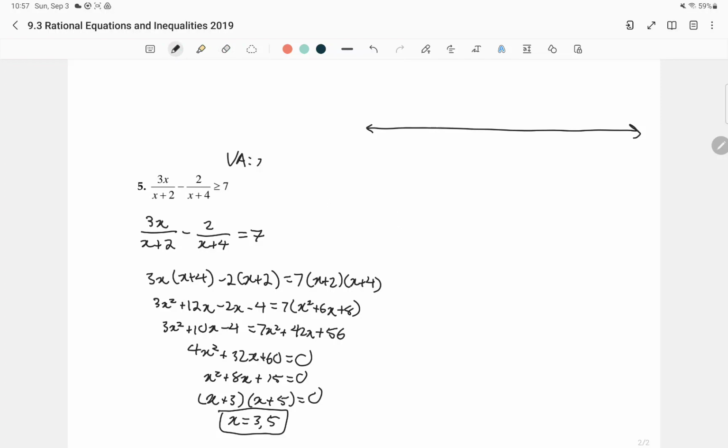Vertical asymptotes at x equals -2, -4. Alright, the biggest number that we can't have on this side is -4. We're going to have a -2 here. We're going to have a 3 and a 5. And remember, since we solved it directly and it's a greater than or equal to, x is allowed to equal 3 and 5. So we have closed dots here on these intervals.